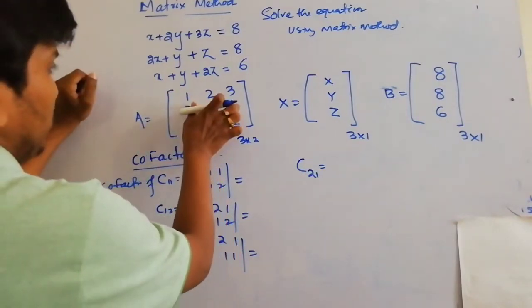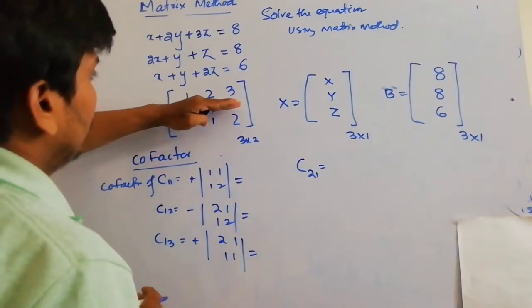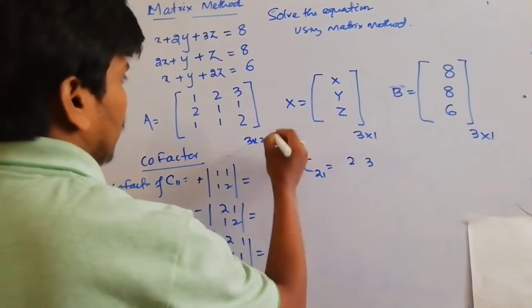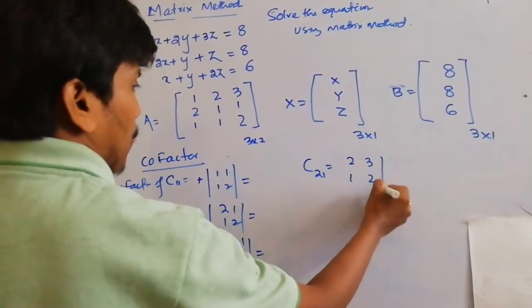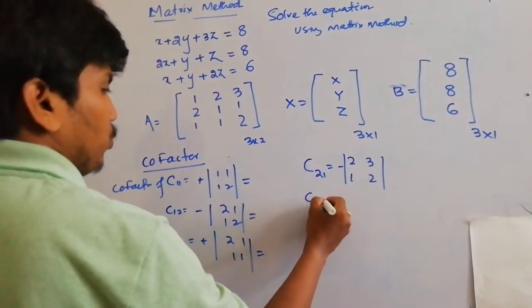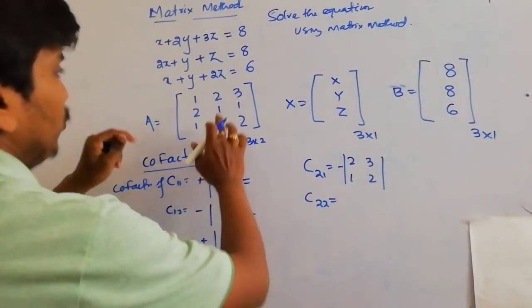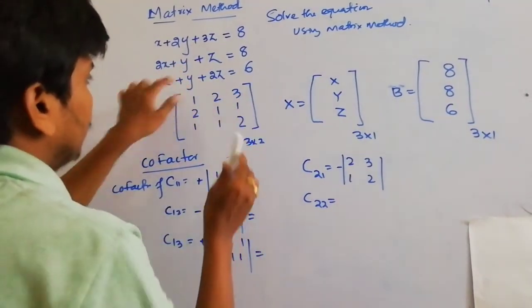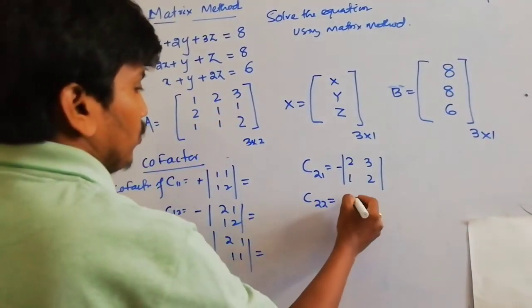For C21 you have to delete this row and this column, which gives 2 3 1 2, and this is minus. C22 is plus: you have to delete this and this, 1 3 1 2.